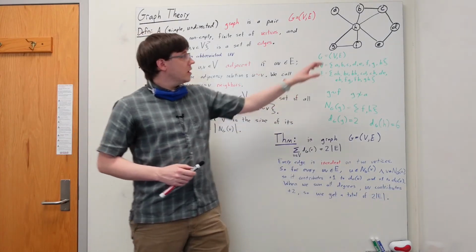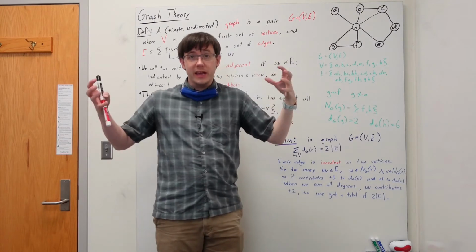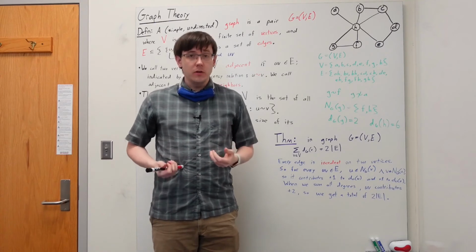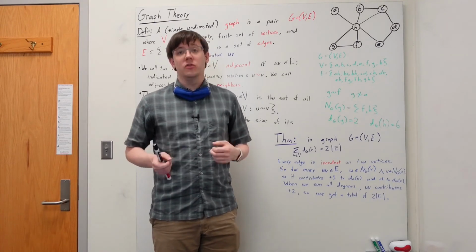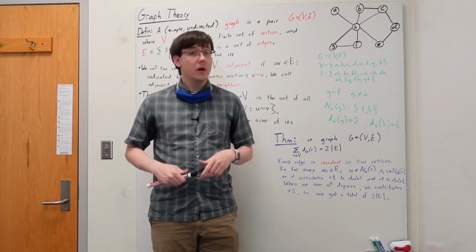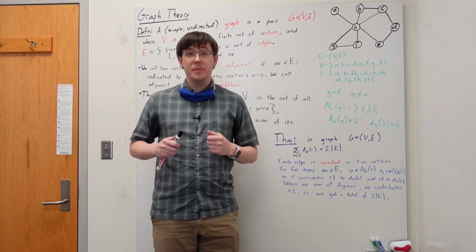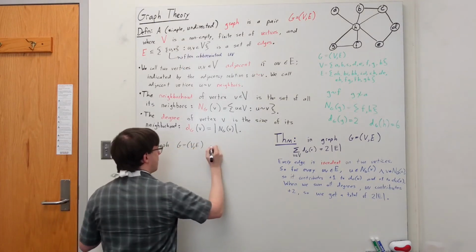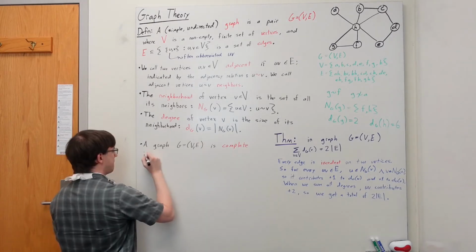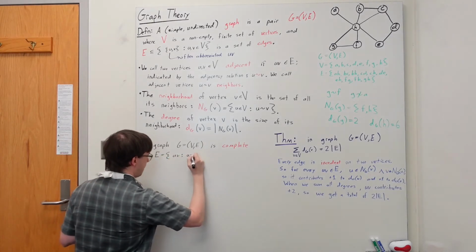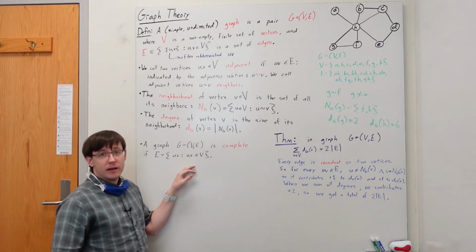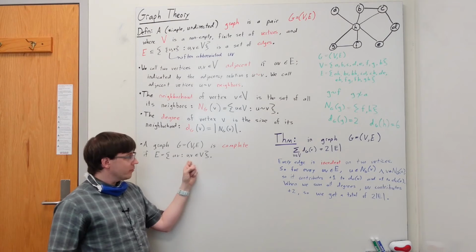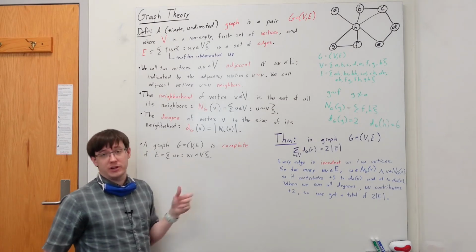In a minute, we're going to talk about subgraphs, where we take a subset of the vertices and edges in a graph. And one of the things that we'll look for in subgraphs is complete subgraphs. So to set up for that, let's define what we mean by a complete graph. A complete graph is one where the set of edges includes every pair of vertices in the vertex set.